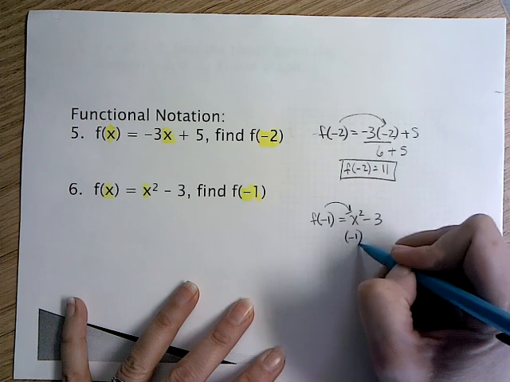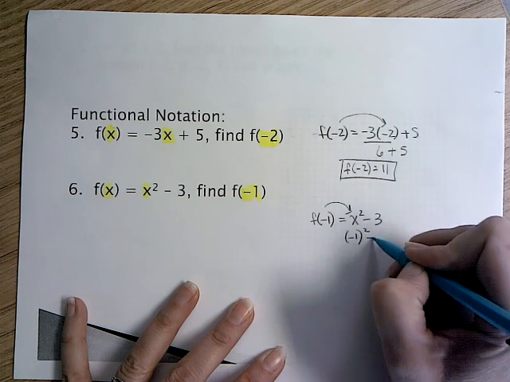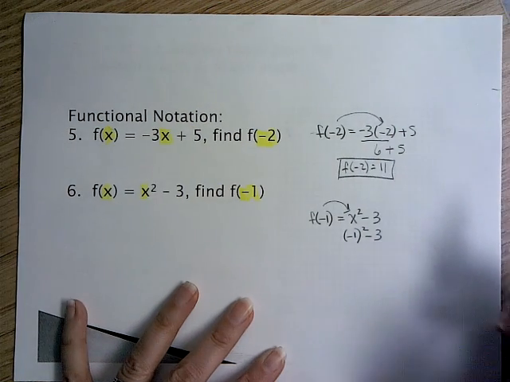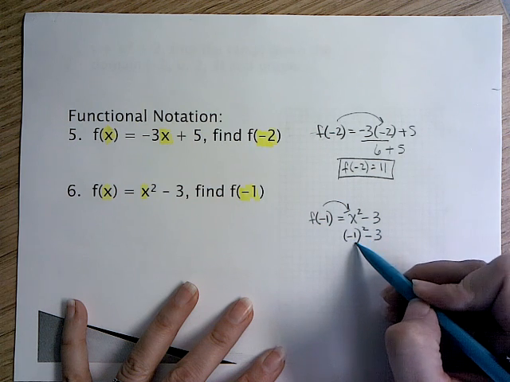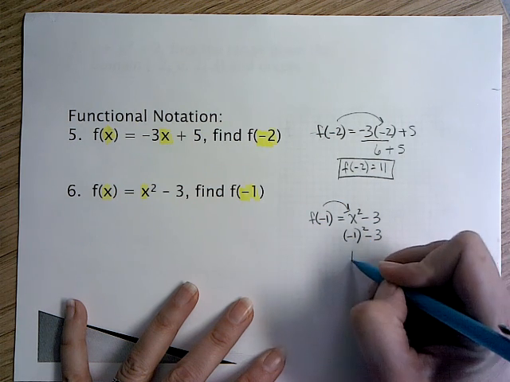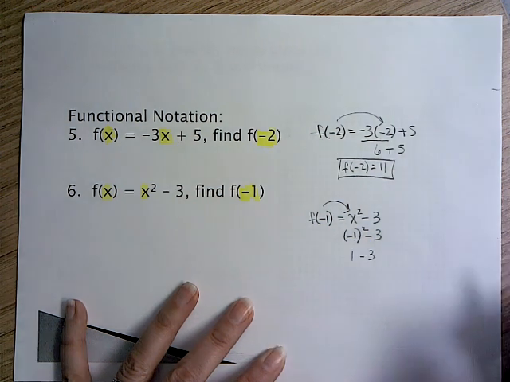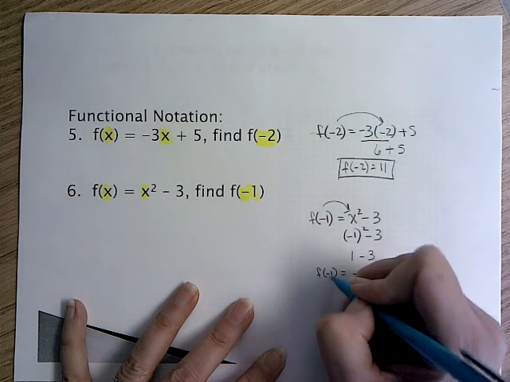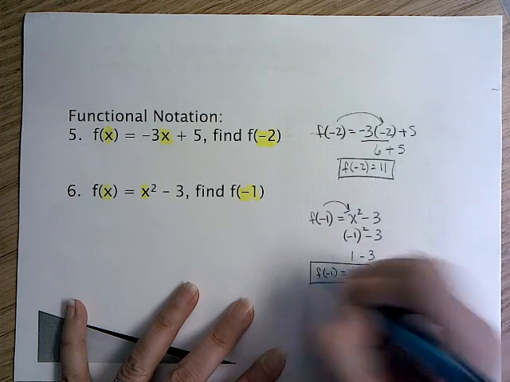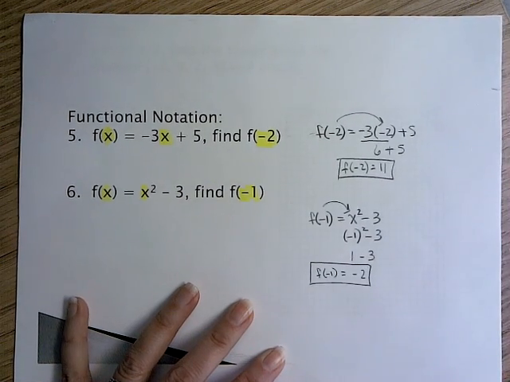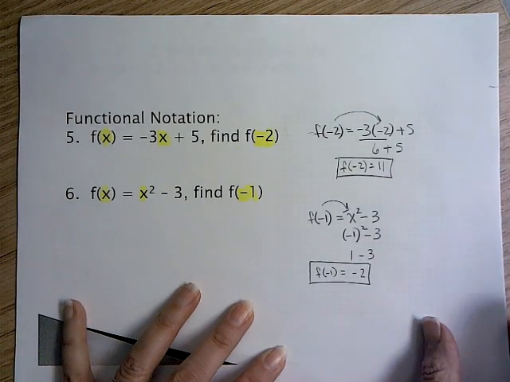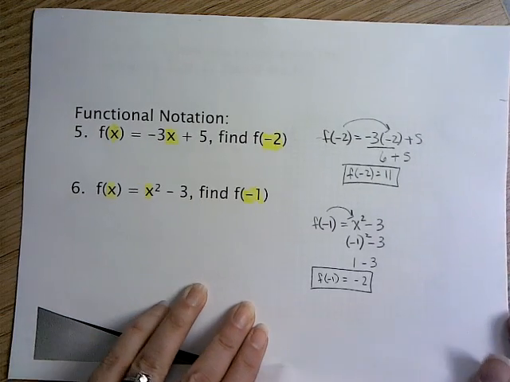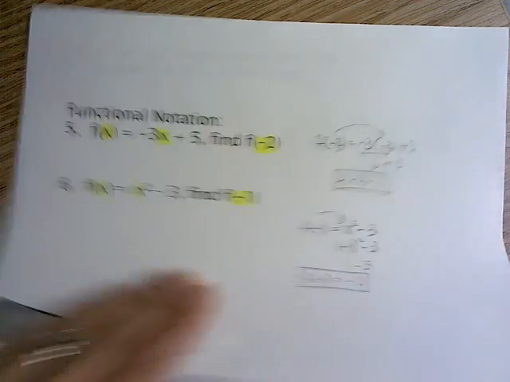So that's negative 1 squared, put that in parentheses so you don't mess up your negatives. Negative 1 squared is negative 1 times negative 1, that is positive 1, minus 3, that's going to give us negative 2. So f of negative 1 equals negative 2. That means whenever x is negative 1, y will be negative 2. Input a negative 1, out comes negative 2.